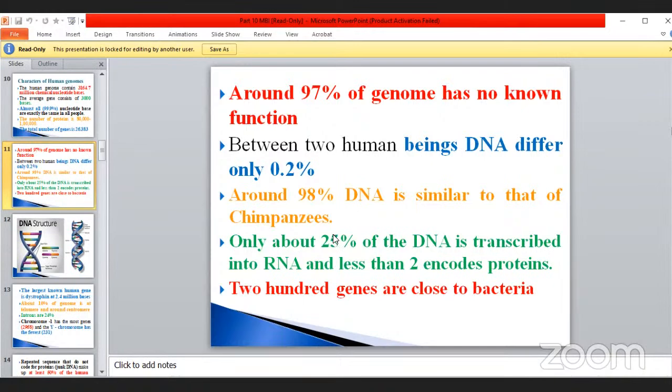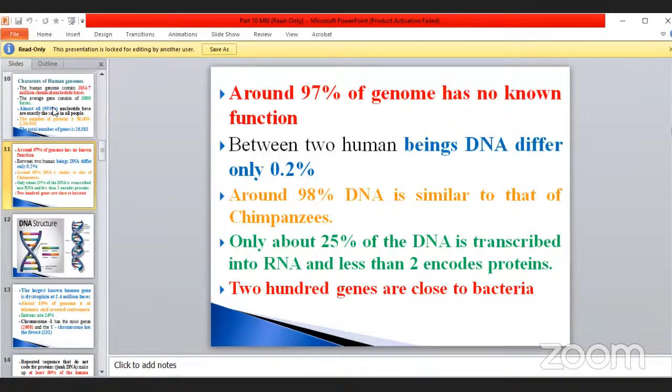So the remaining 75% is not transcribed into RNA, and less than 2% encodes protein. Then 200 genes are close to bacteria. So how many genes of the human genome are similar to those of bacteria? 200 genes are similar or close to bacteria. So it indicates we all originated from bacteria.